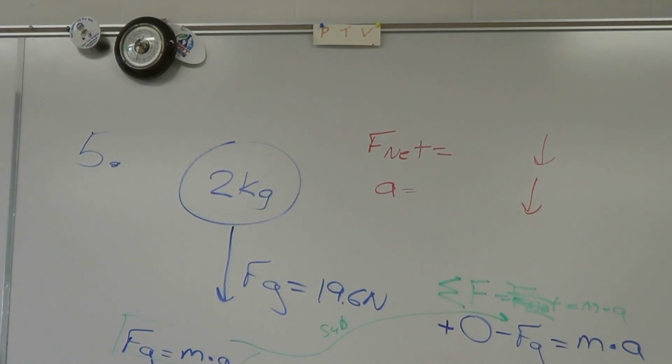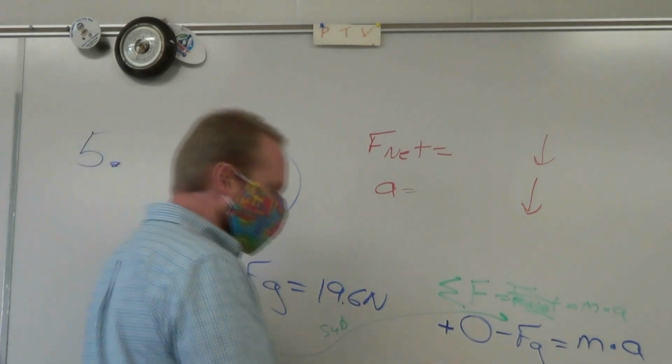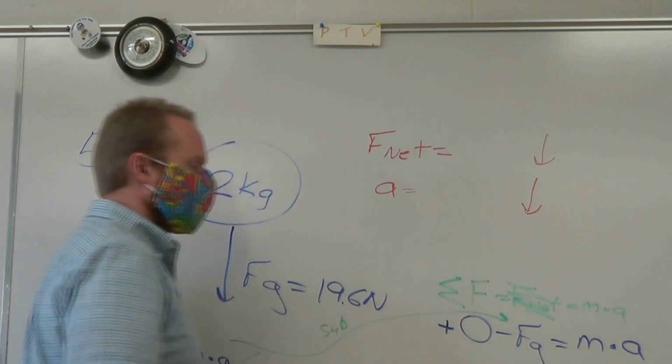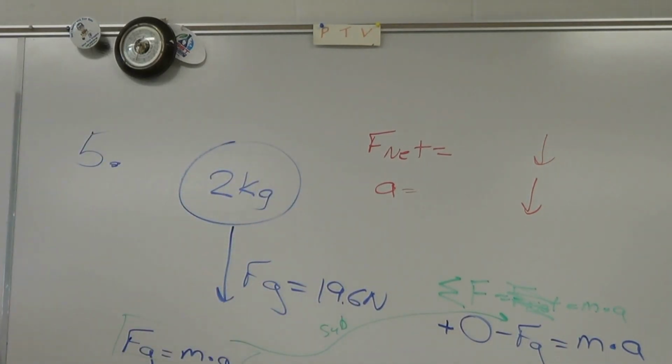Mathematically, how can we simplify that equation? I know the mass. I could plug in 2, right? 2 on the left, 2 on the right. But because we have a mass in every single term on both sides of the equation, we can cancel the mass out.